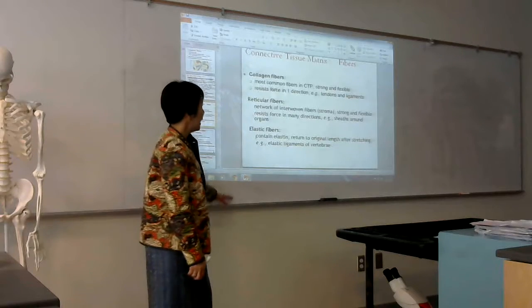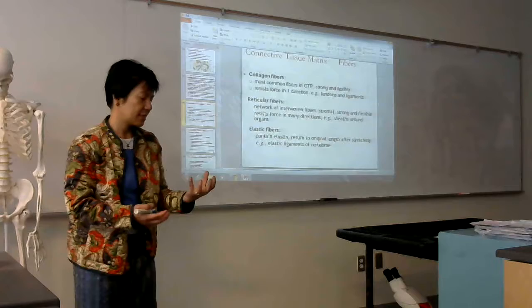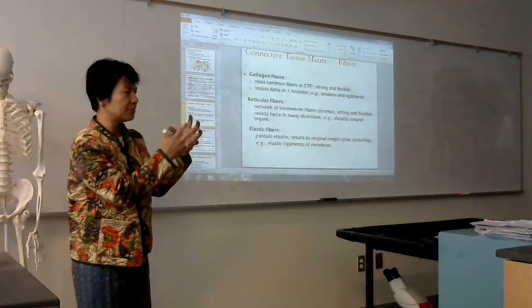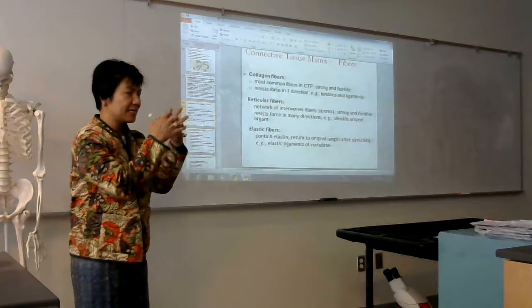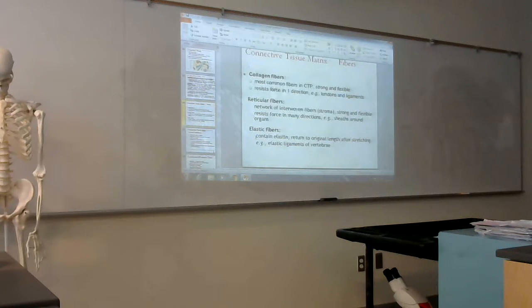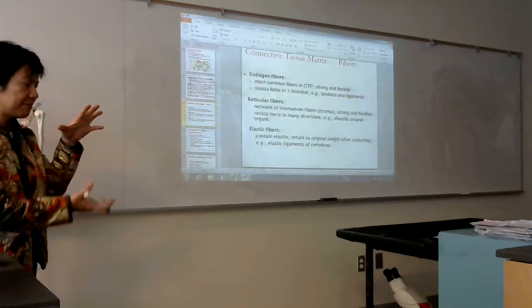Okay? And then reticular fibers are like the container for the oranges when you buy oranges, the net-like sieve. That's how your reticular fibers look. They function in filtering. So your lymph nodes, your liver, where a lot of the rejects, the unwanted enemies, get filtered out.